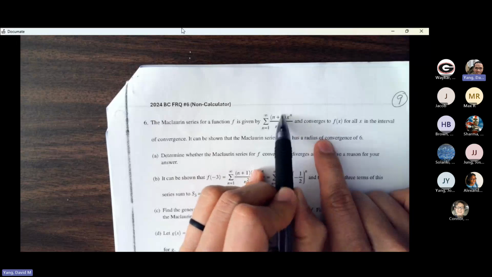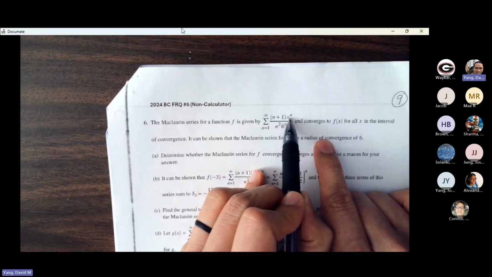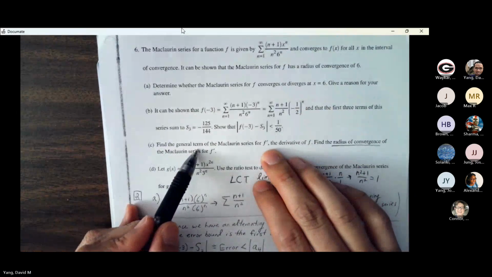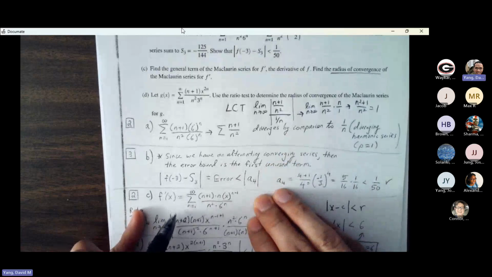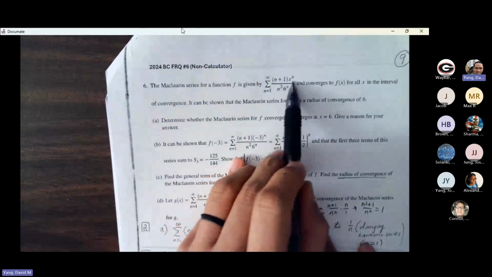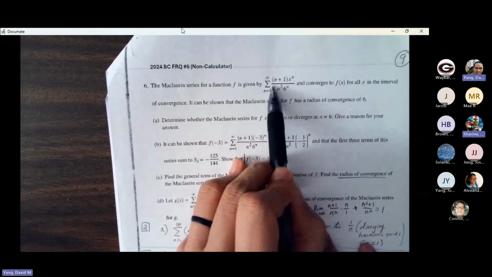So all these are just coefficients. So I'm just bringing that n down, and then subtracting 1 from that n. And everything else is going to stay.